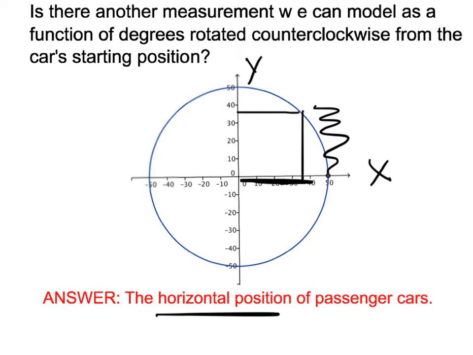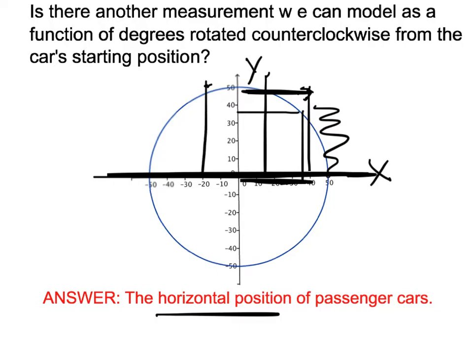We're measuring the car in relation to the y-axis. So that is the horizontal position. This is the horizontal axis. So the car will have a horizontal position here on this axis. We used the y-axis to measure height this way. But now we're going to measure the position from the car to the y-axis. That is the horizontal position.